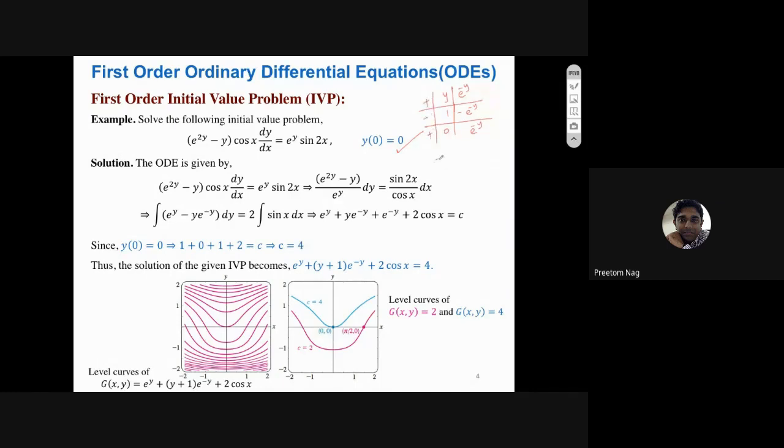So integration হবে আমাদের plus into y into minus e to the power minus y, minus into 1 into plus minus e to the power minus y. Taking the minus y common, that will be y plus 1, right?